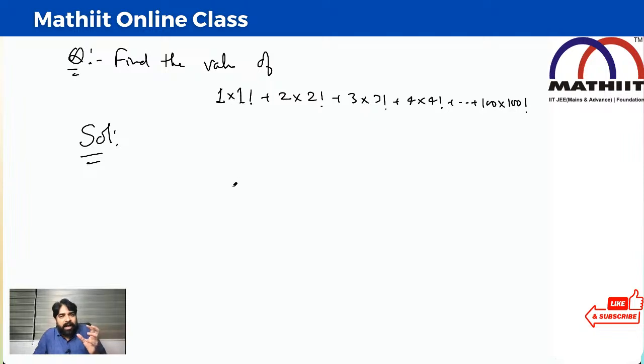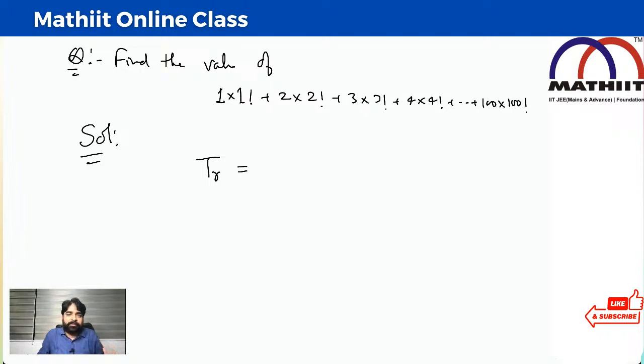Can I write the rth term of this series? Like first term, 1 into 1 factorial. Second term, 2 into 2 factorial. Third term, 3 into 3 factorial. 50th term, 50 into 50 factorial.